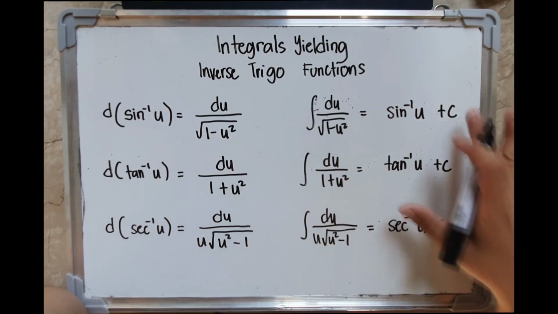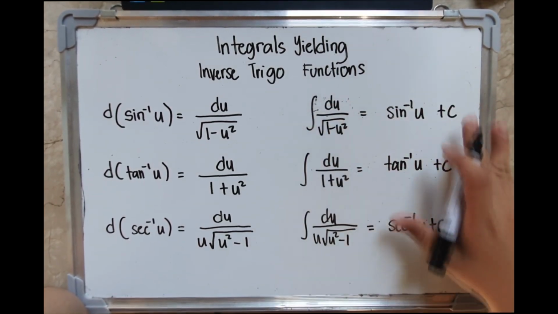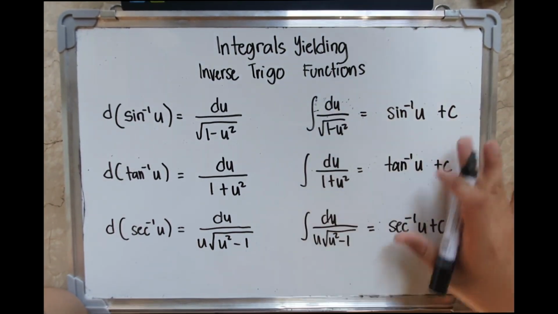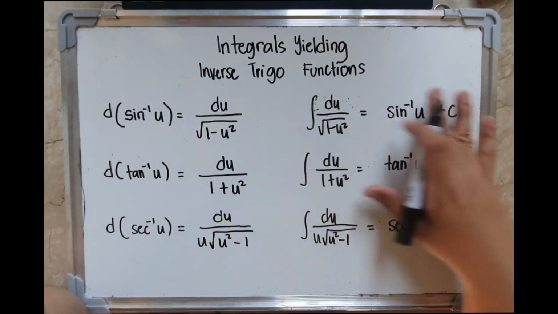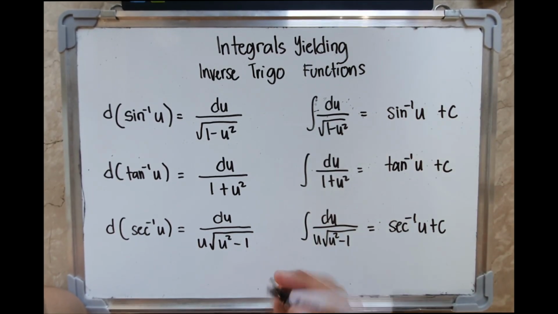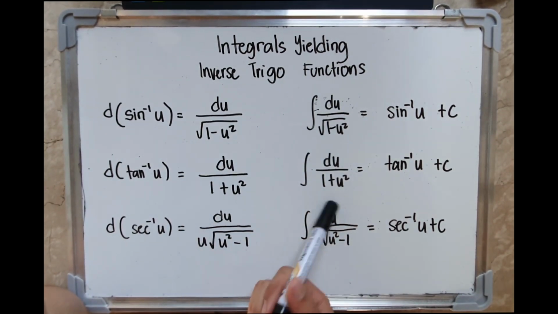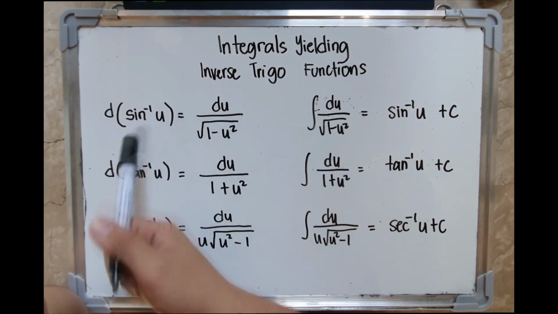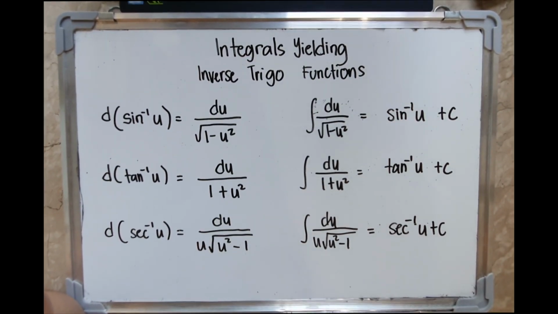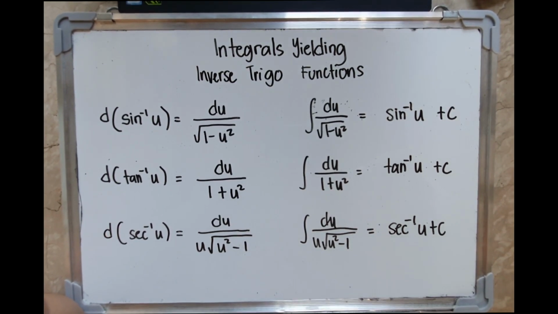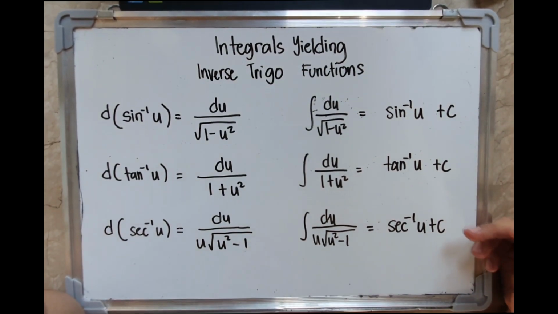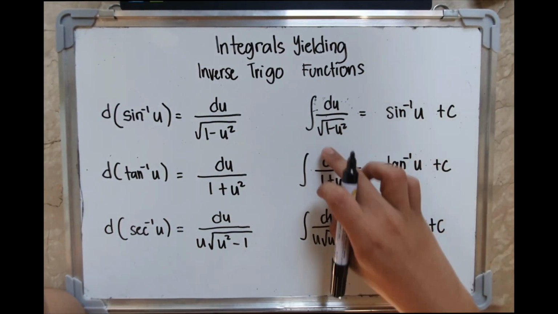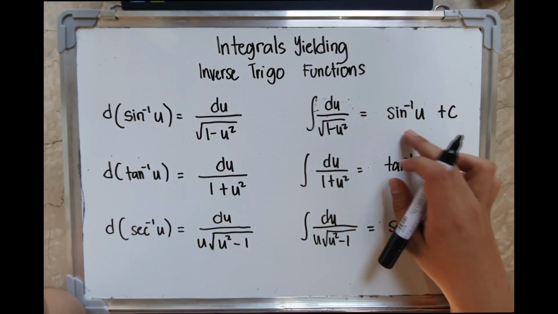Now these are the formulas that we will be needing here in yielding inverse trigonometric functions. So these formulas, as you can see, are just the inverse of this derivative. Okay, so aside from this formula, if we see this one in our integrand, we will immediately find its corresponding result.